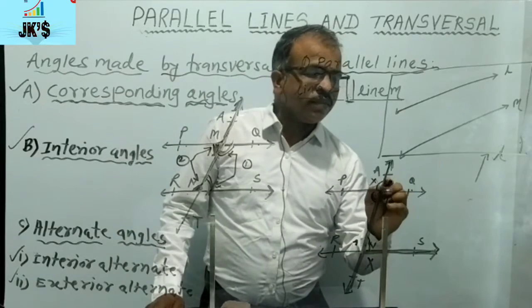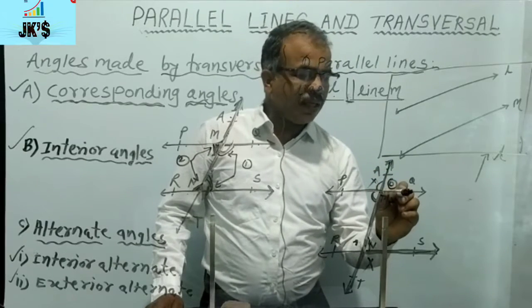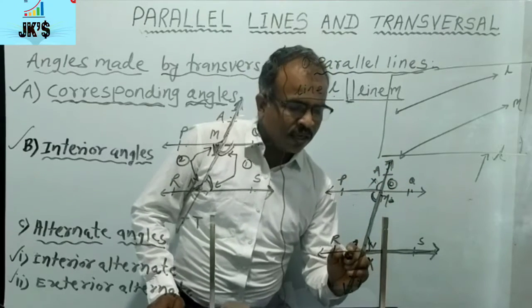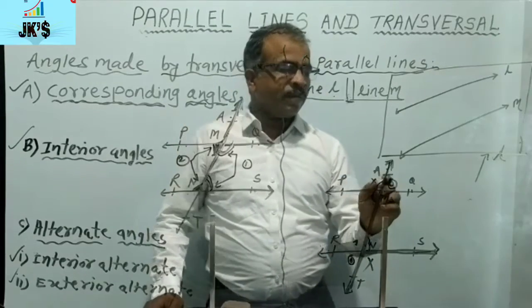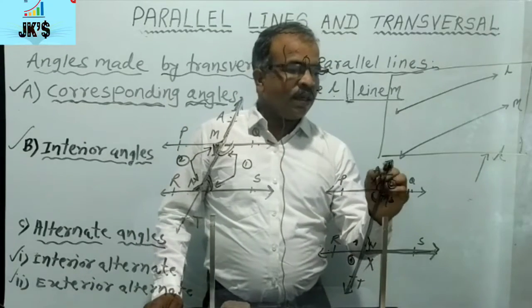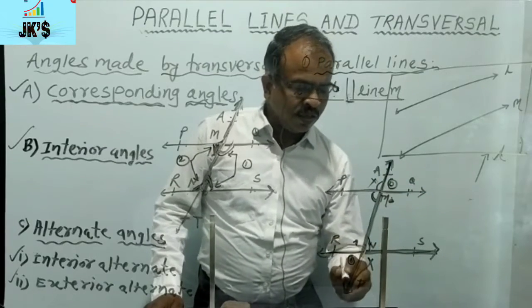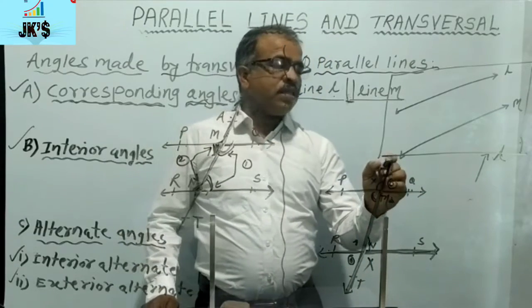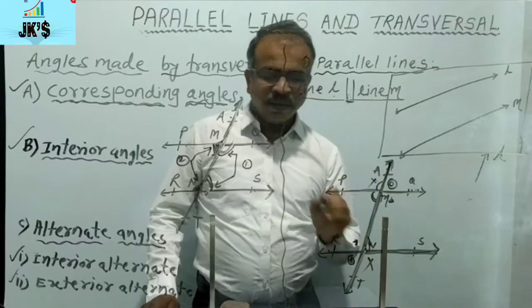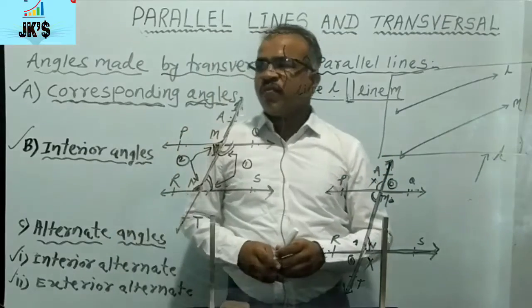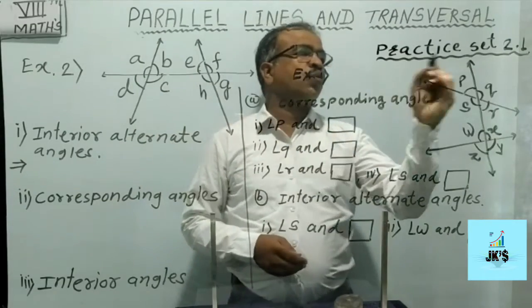The second pair is, suppose this is angle AMQ and this one angle RNT. See this angle AMQ and RNT. In this way, now we take practice set 2.1.